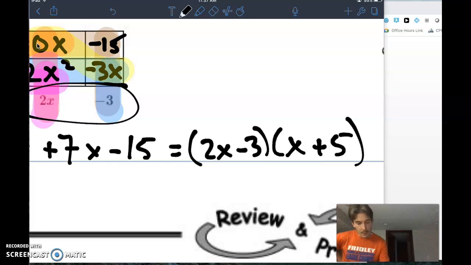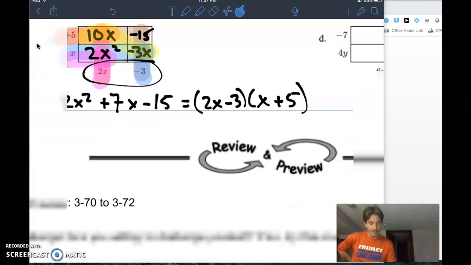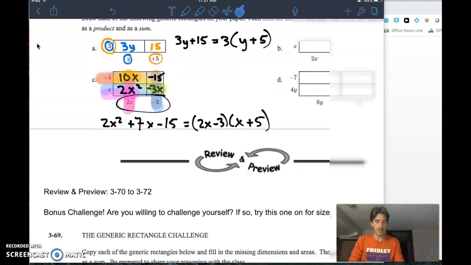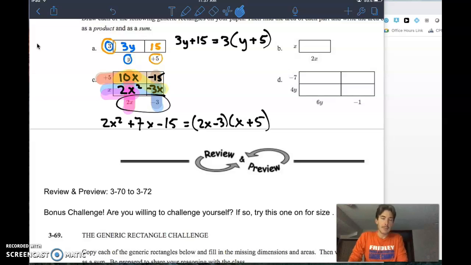Okay, a little bit of review preview coming your way. That review preview is just 3 problems, 70 to 72. I'm going to zoom back out in case you want to see those generic rectangles again. But there is a problem that we didn't get to. Now, this is where you get a little freedom, a little bit of choice.